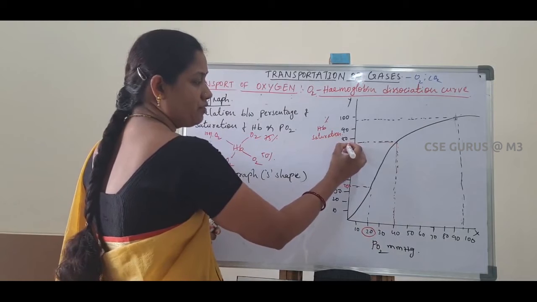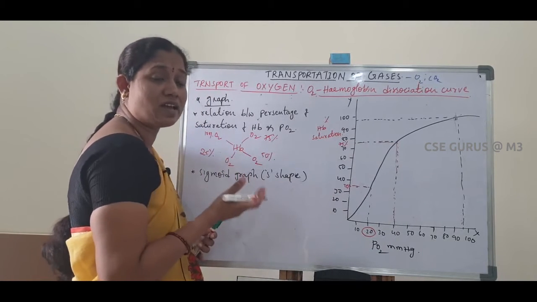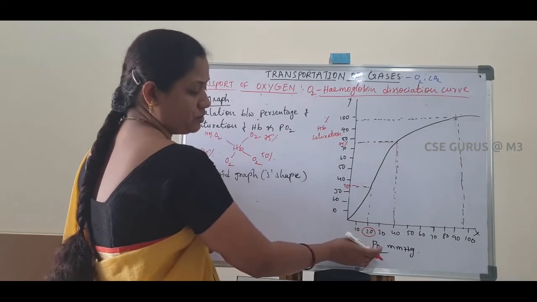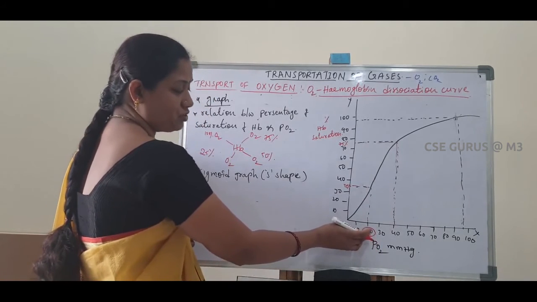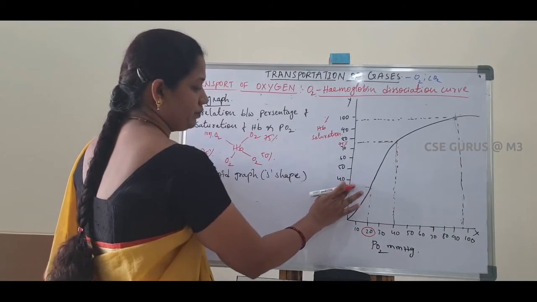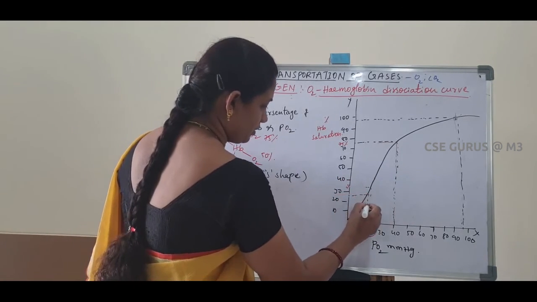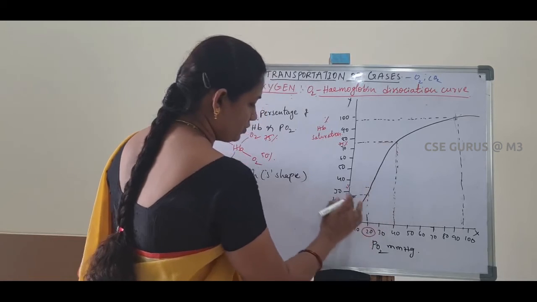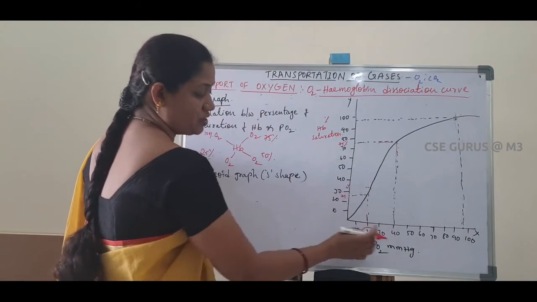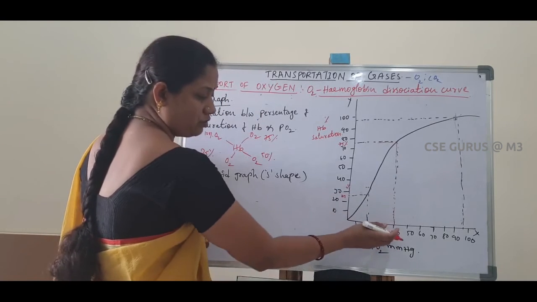How much? 75% saturation. Here, at a pressure of 20, it is 25% saturated. Here we can write 25%. Okay.